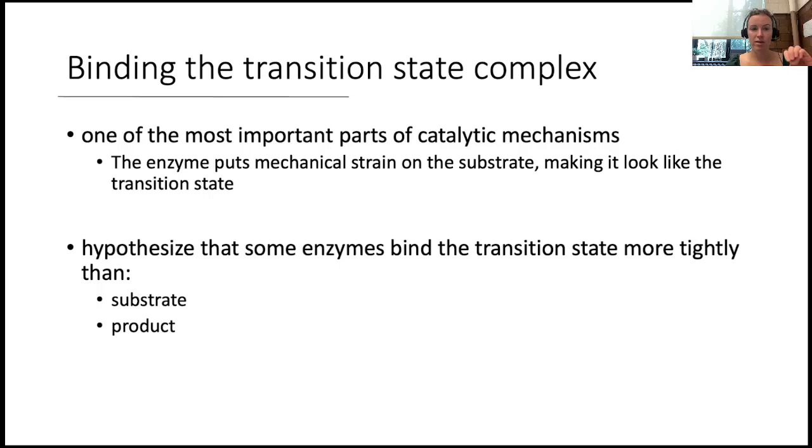What do I mean by this? Well, for example, folks, in our serine protease mechanism, this is a clear example.